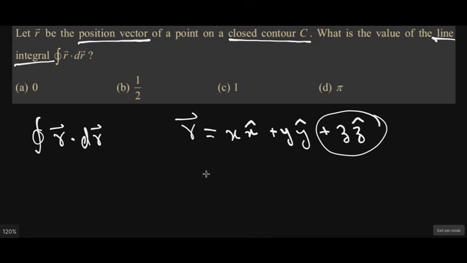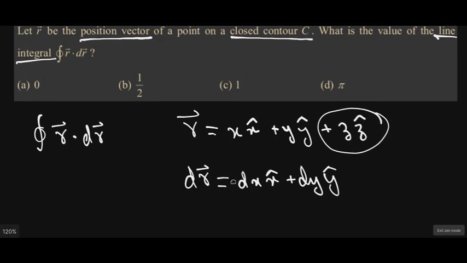You can consider 3D and do it, it won't matter much for this question. And dr will be a small displacement in the x direction plus a small displacement in the y direction. If you are doing 3 dimensions, it becomes dz in the z direction, but we won't consider that for now.